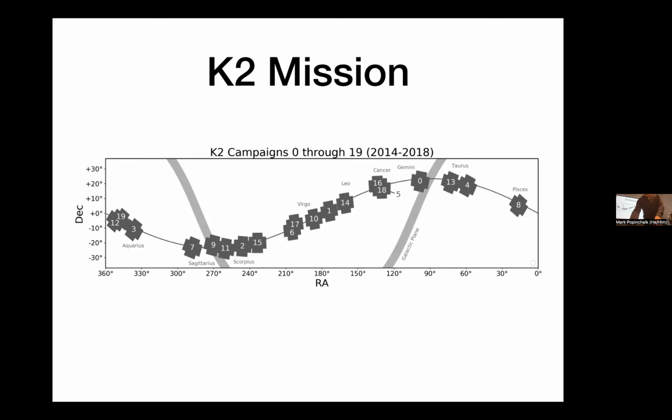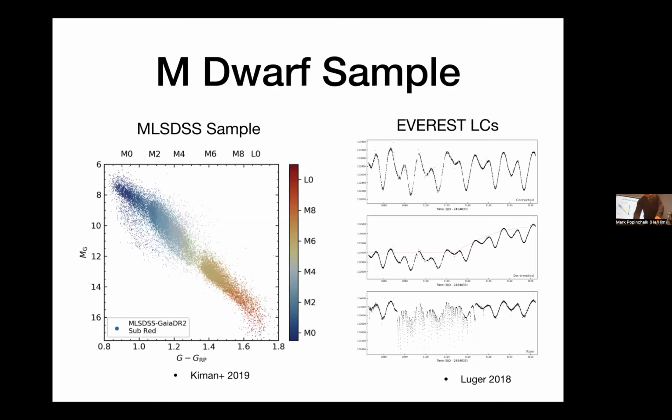And so as part of this first project, I was able to look at this NLSDSS sample of M dwarfs and L dwarfs in the SDSS sample. This was a really well calibrated sample for me to begin to pull from. It looks like there are tens of thousands of objects there. There are only about 200 or so that overlapped with K2 that we really wanted to use.